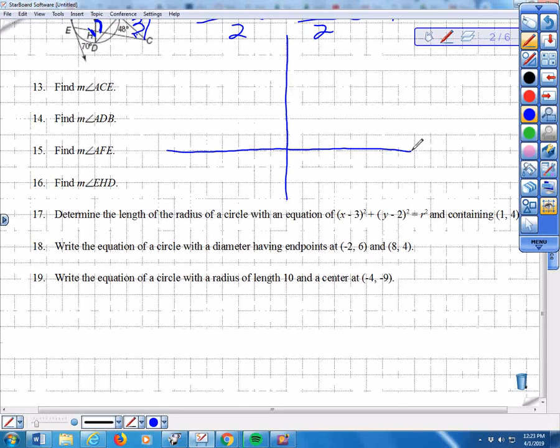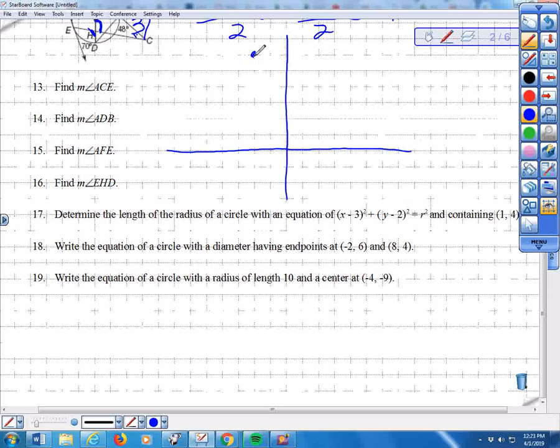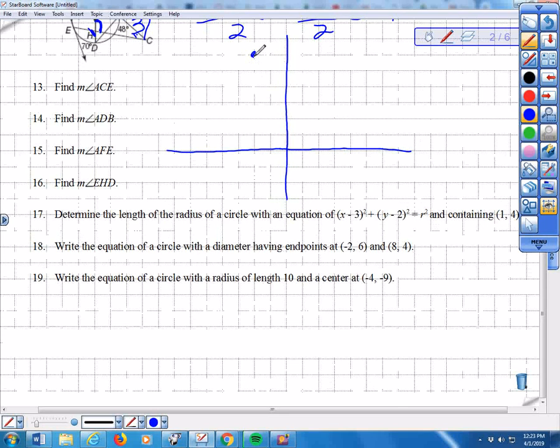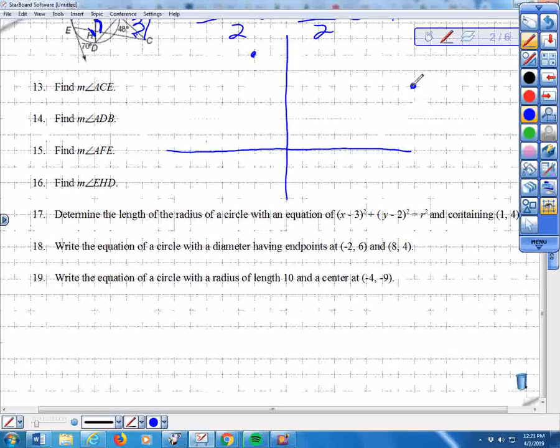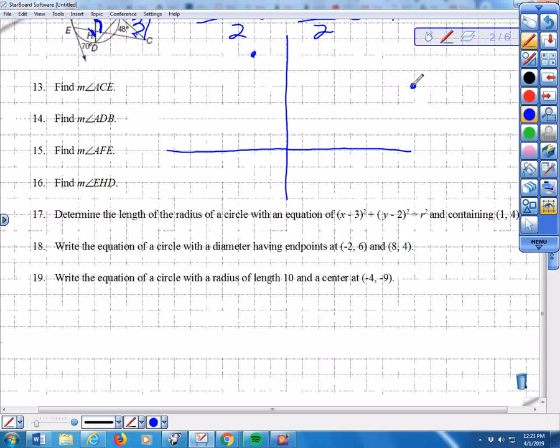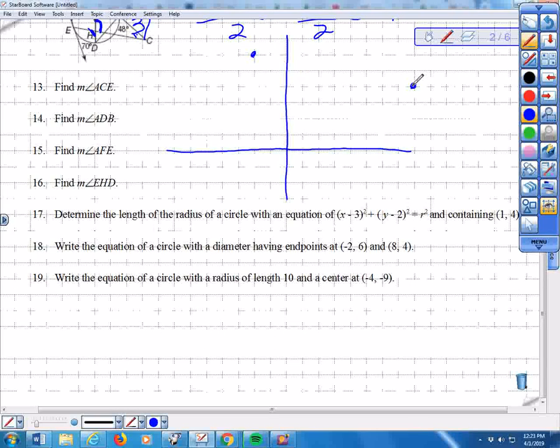Negative 2, 6. And 8, 4. 2, 3, 4. And that's the diameter of the circle. So how could I find the center of the circle if this is the diameter?